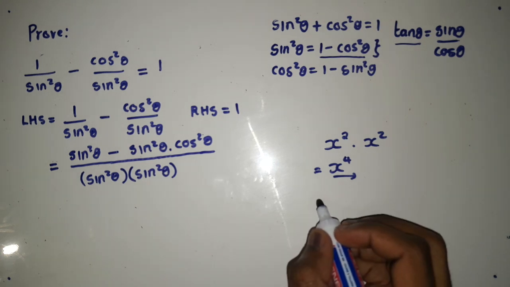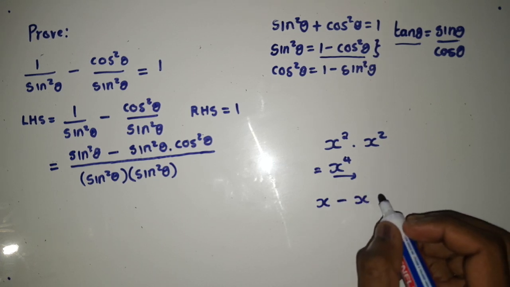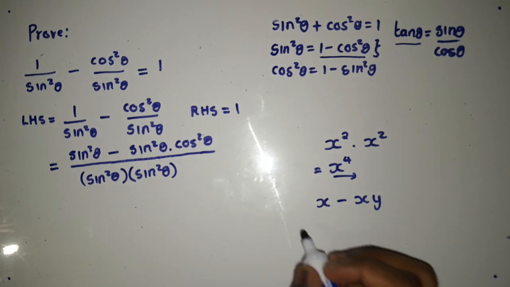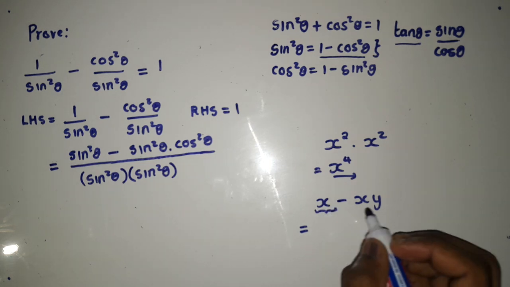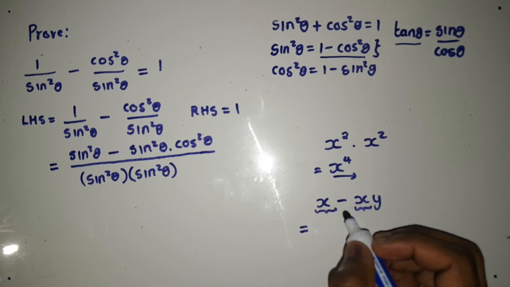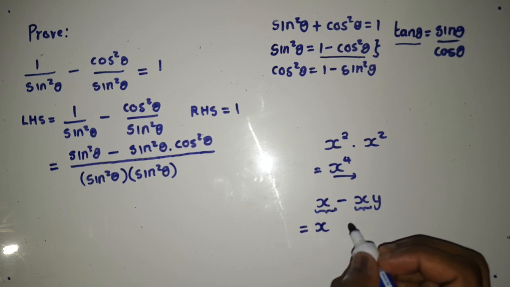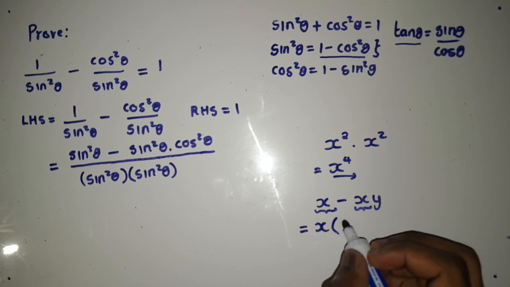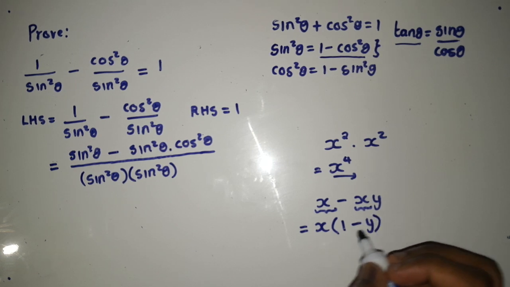If I have x minus xy, and ask you to factorize the following, how will you factorize the following? Clearly, you can see that x appears on this term and also this term. Then we're gonna take it out. Then we're gonna remain with 1 minus y like this.